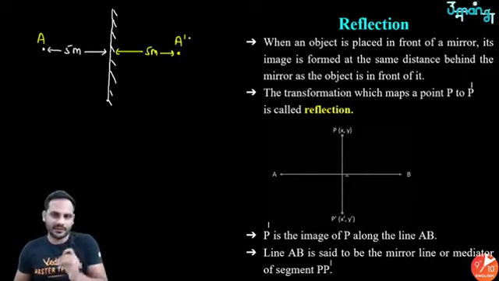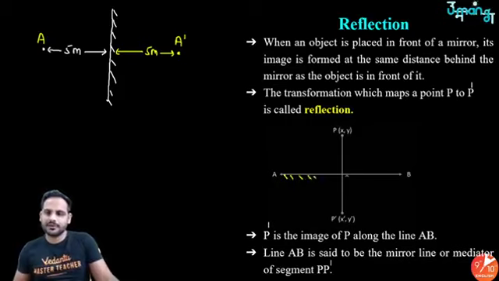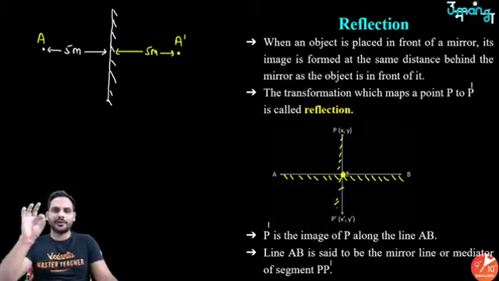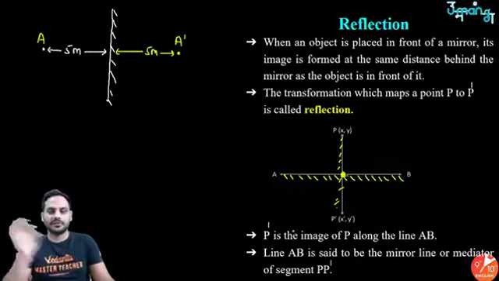When I talk about reflection along the x-axis, we will be treating the x-axis as the mirror, and when it is reflection along the y-axis, we will take the y-axis as our mirror, and when it is reflection along the origin, we will take the origin as the point mirror, right? So whatever is the distance of the point from the mirror, the same will be the distance of the image.